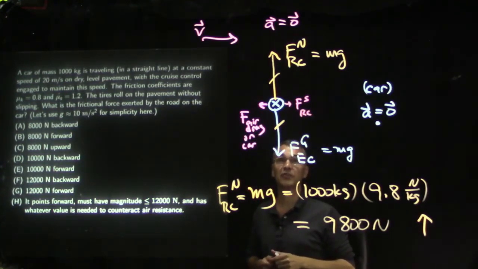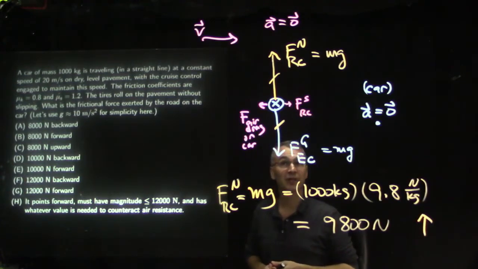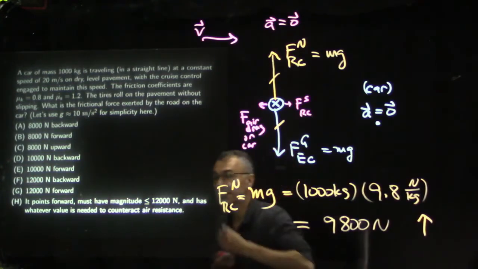So if we're ignoring air resistance, then this force of friction is 0. If we're going to allow for a tiny bit of air drag, which is trying to slow the car down, then we have to have just enough of a forward force of static friction on the car by the road to compensate. Aha, I think I like this.